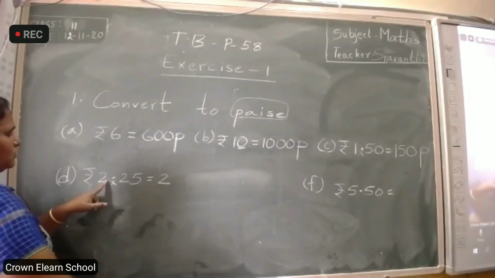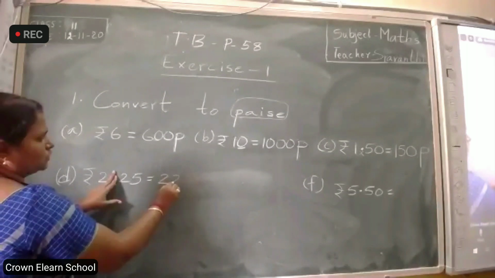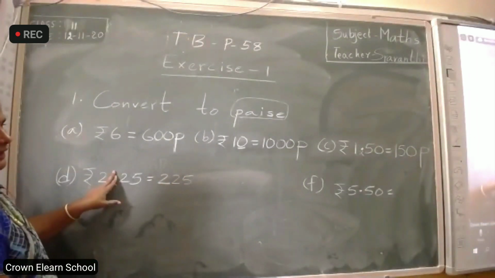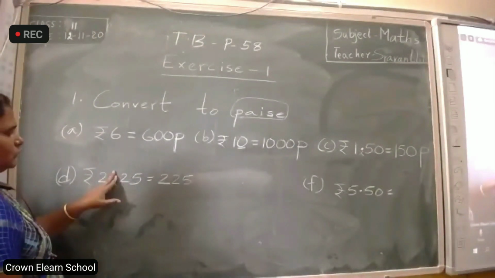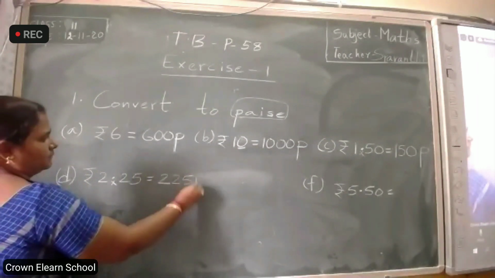Okay. Remove the dot. And 2, 5, 25. Join the numbers. Don't separate. Join them. Okay. Now rupee symbol changes to paise symbol.